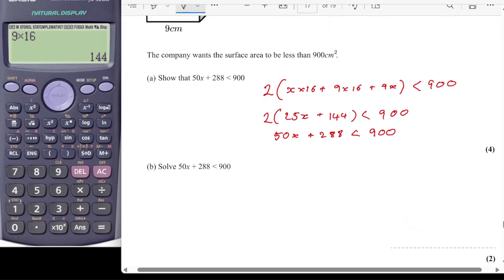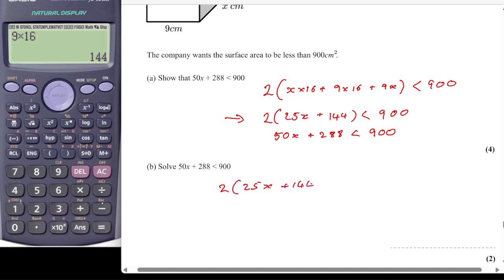Okay, then to solve, I'm going to go back to this version though. I think that's easier to solve. So I'm going to say that 2 times 25x plus 144 has to be less than 900. If I divide both sides by 2, I'd get 25x plus 144 is less than 450. If I minus 144 from both sides, I'd get 25x has to be less than 306.